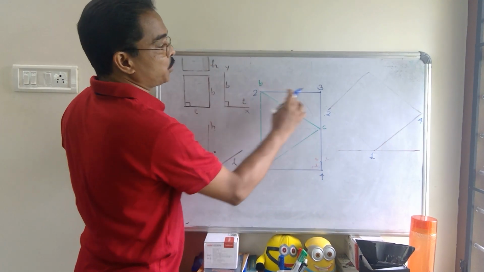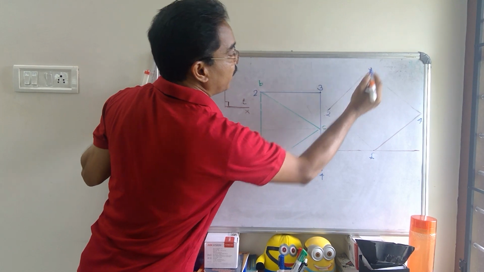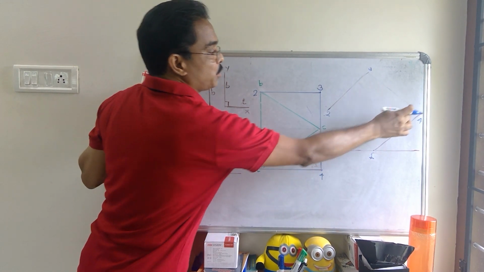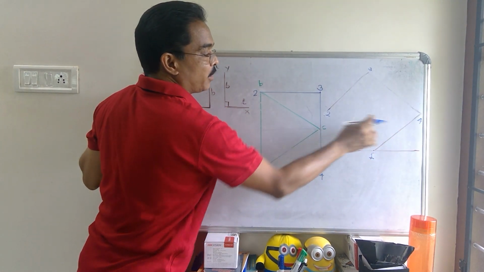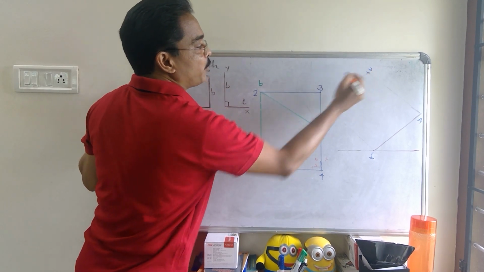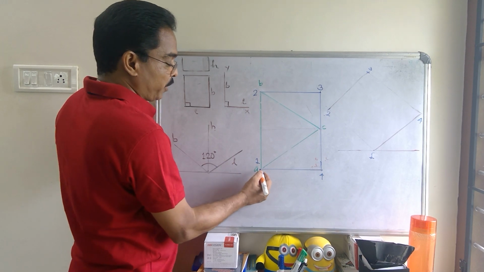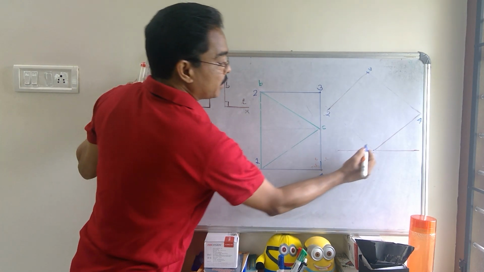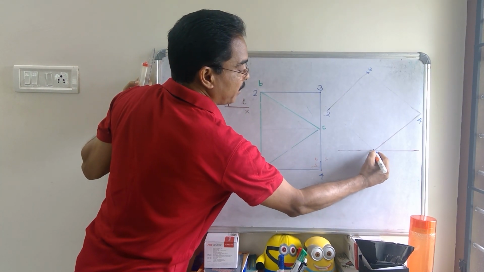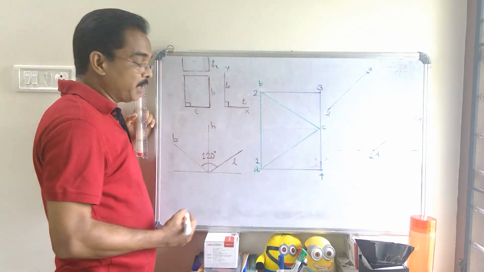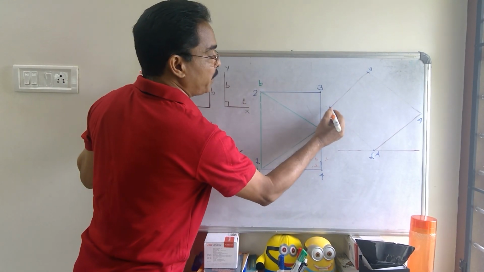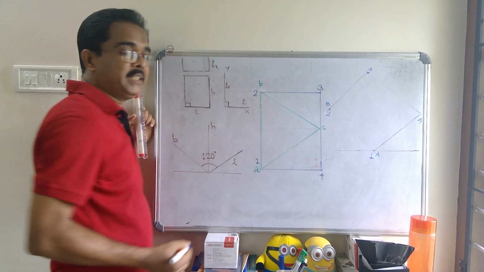Then from 2 mark the distance of 3, or through 4 draw a line parallel to 1, 2, and through 2 a line parallel to 1, 4, to get the point 3. Now the point A is along with 1, so I can directly mark the point 1. The point 2 is along with B, so I can mark B here.